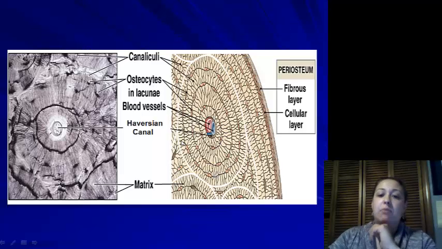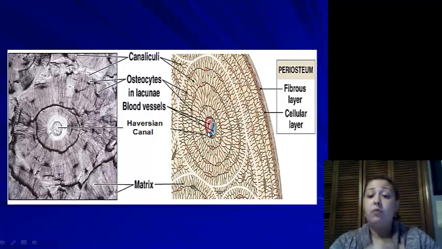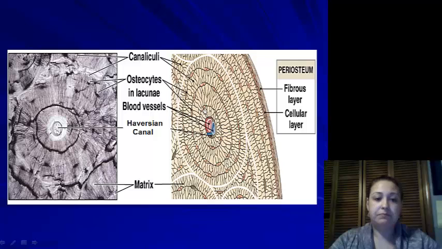Whenever you see a bullseye-looking pattern, it's most of the time going to be bone. In the very center, we have a haversian canal that contains blood vessels, and the circles around it contain lacuna. Each one of these lacuna contains a dot, which is the osteocyte.